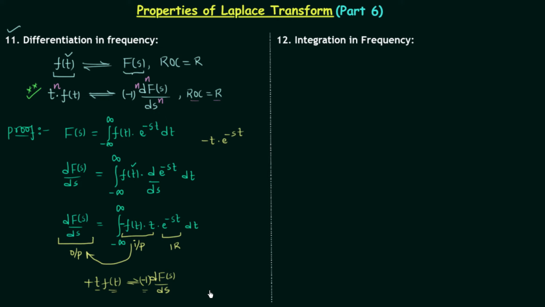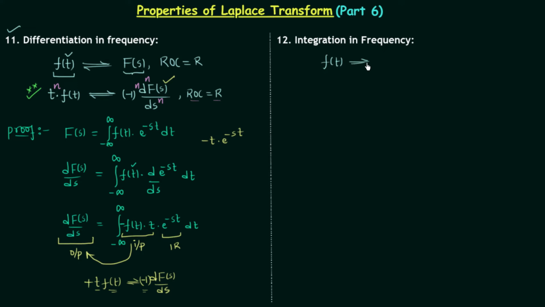As we are having the derivative of the frequency domain signal, we call this property differentiation in frequency domain. Now we will move to our 12th property, which is integration in frequency domain.